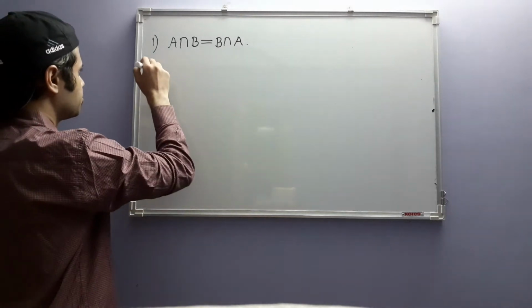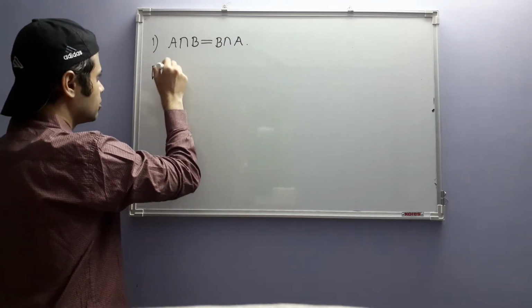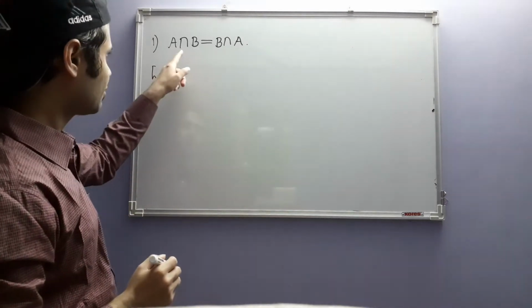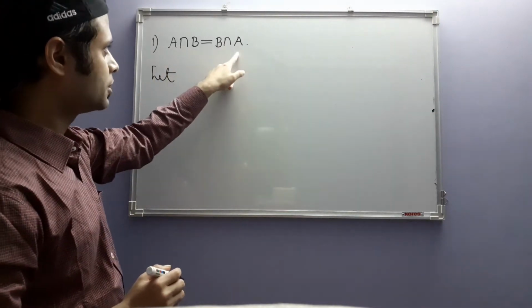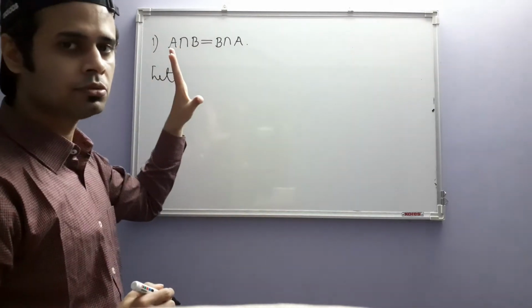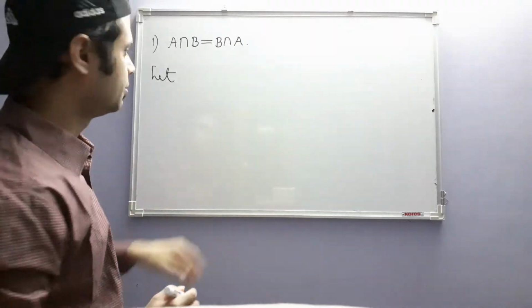So the proof goes like this. By now you already know how to prove these things. You have to show that this is a subset of this and this is a subset of this. That's just what you have to do when you want to show that two sets are equal.